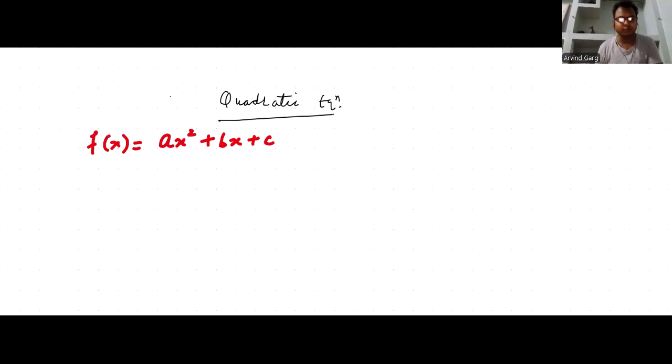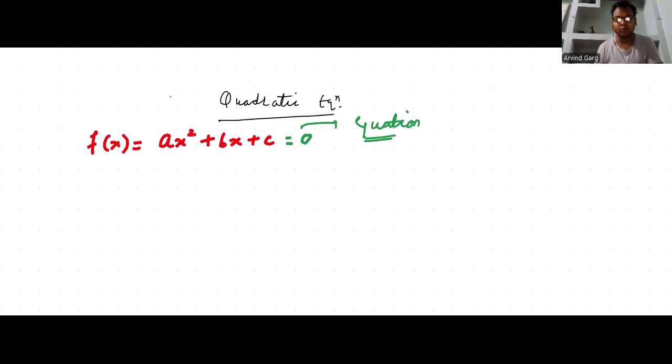But if you keep it equal to 0, then it will become an equation. So to make a polynomial or an expression an equation, we need to equate it to 0. All right. So this is a polynomial equation, or we can say a quadratic equation.